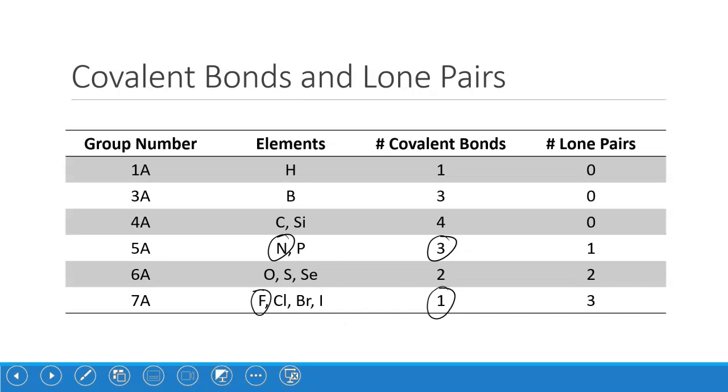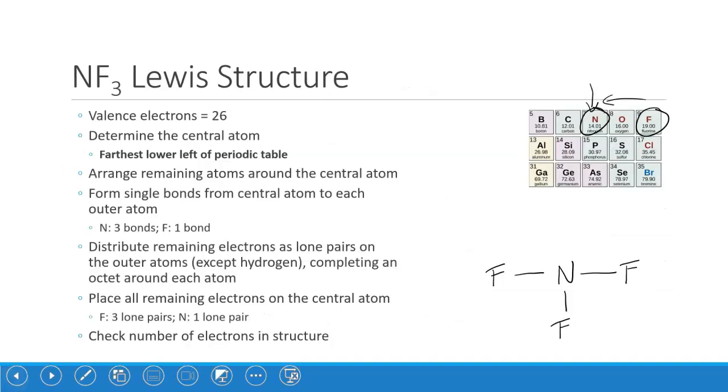And looking ahead, nitrogen hopefully will have 1 lone pair and fluorine hopefully will have 3. As the structure is, nitrogen has 3 bonds, so it's happy, and each fluorine has 1 bond.